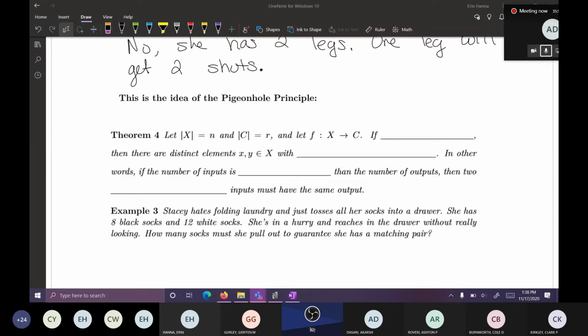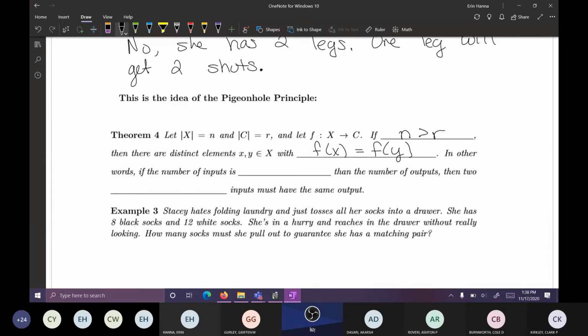Okay, so let's say that the number of elements in X is n, and the number of elements in C is r, and let's have some function from X to C. If n is greater than r, so the number of inputs is greater than the number of outputs, then there are distinct elements x and y from the input set such that f(x) = f(y).